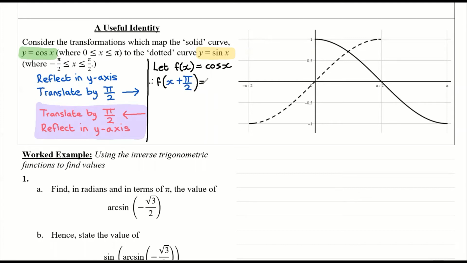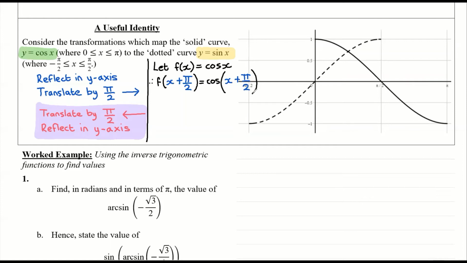Okay, and in the function itself, that's going to be cos of x plus pi over 2. Hope you can read that. Now then, that's the first transformation.